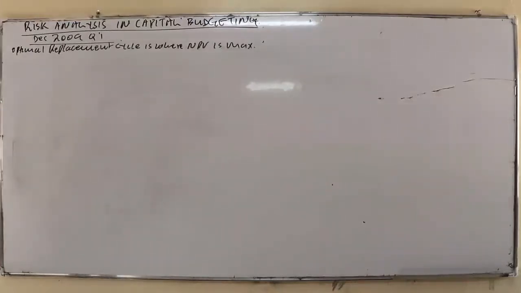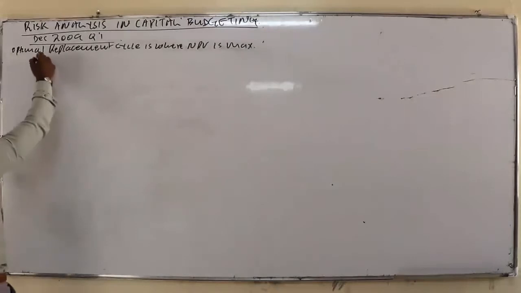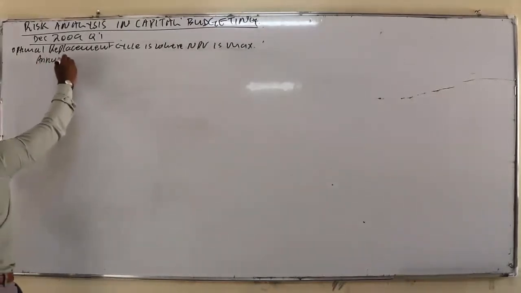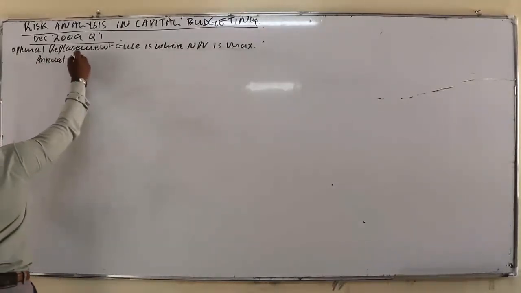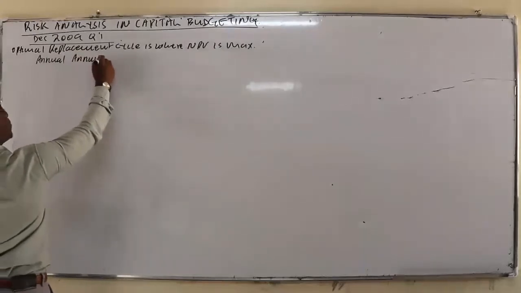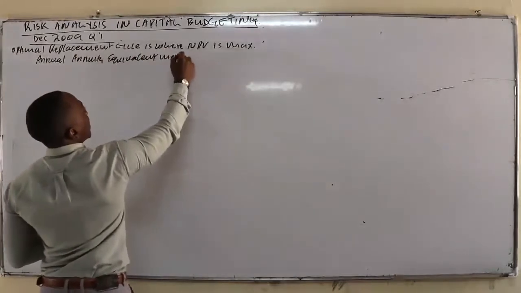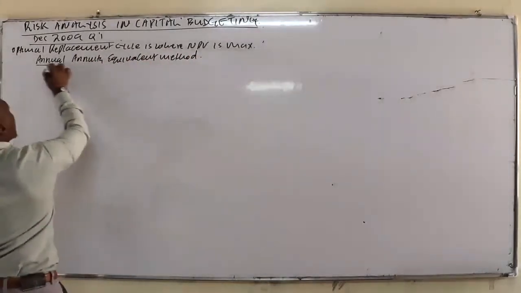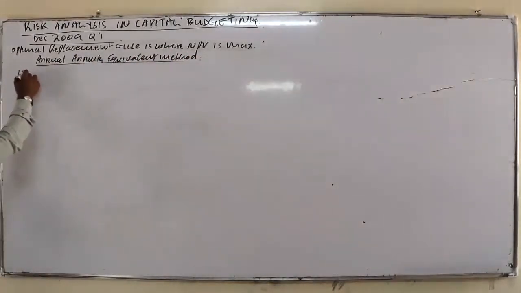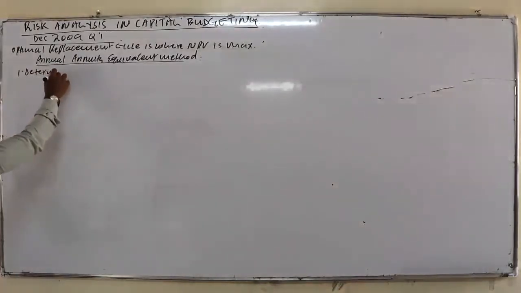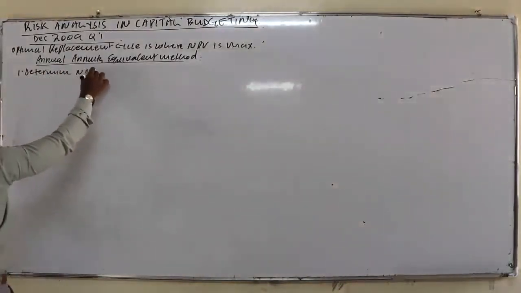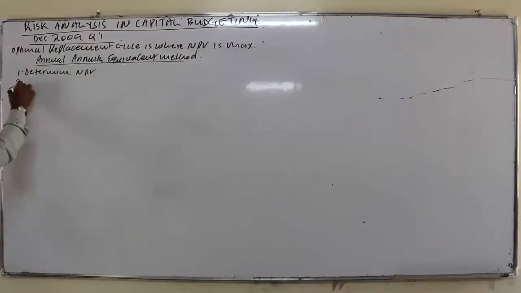But in this case, the examiner has specified to use the method which we call the equivalent annuity method. Remember, we said that we have 3 steps involved. Step number 1, you determine NPV. Step number 2, you determine the annuity.